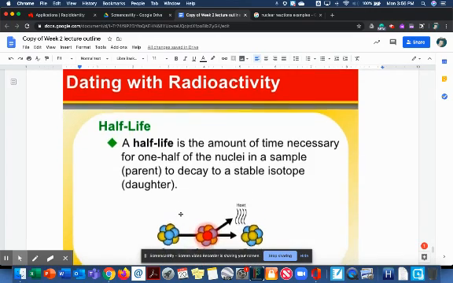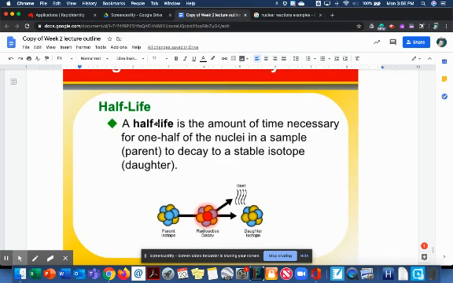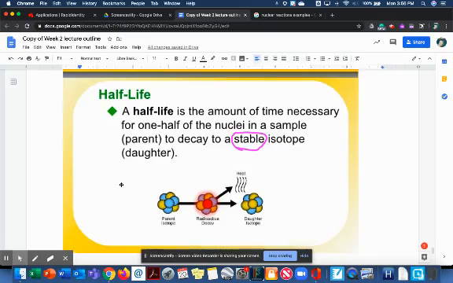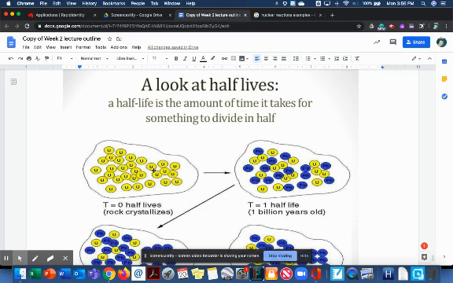The speed or the rate at which something decays is given by the half-life. And so remember, the half-life is the amount of time necessary for 1/2 the nuclei in a sample to decay to a stable isotope. Now, they don't always decay to a stable isotope. Sometimes, they decay to something that is more stable but still radioactive. So keep that in mind. If we take a look at the half-life of something like uranium-238, it will decay eventually into lead. It has a half-life of about 1 billion years.